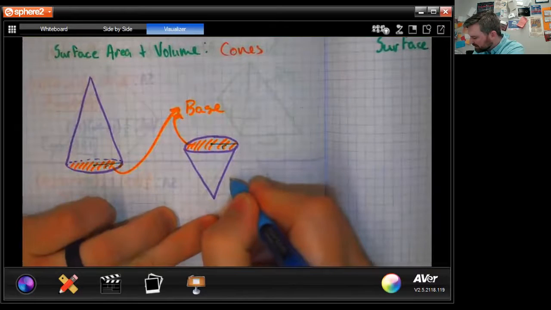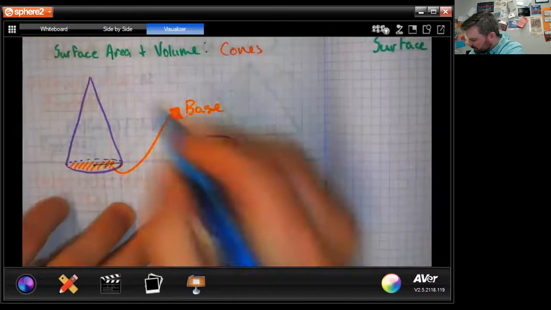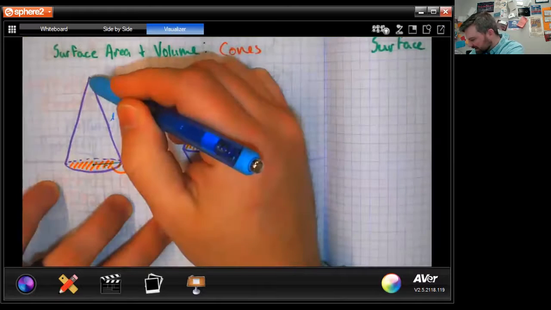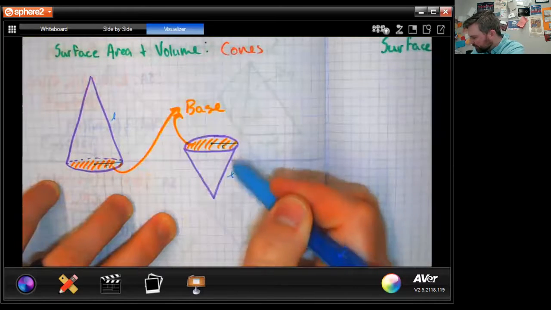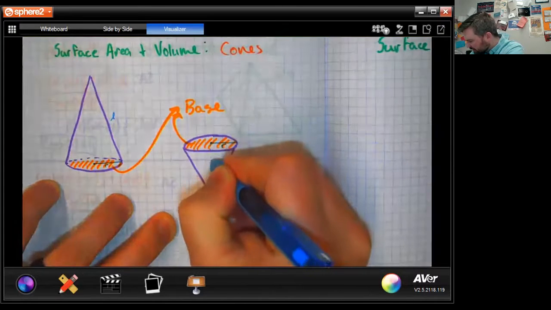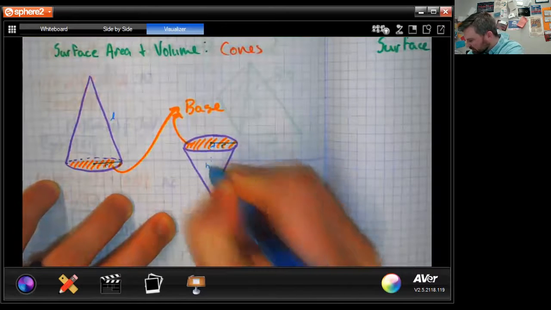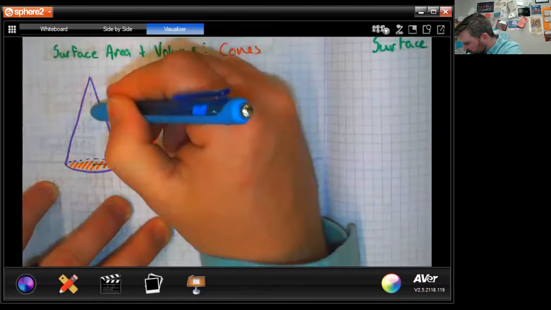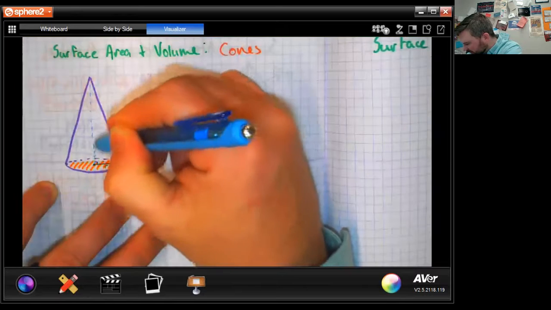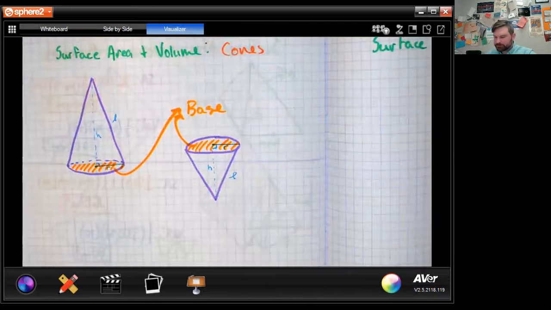We still have the slant height, which is L, which is the length of this side right here. And then we also can be given the height, which, remember, the height and the base are perpendicular. So this is H, and then this over here, perpendicular, might be H as well.